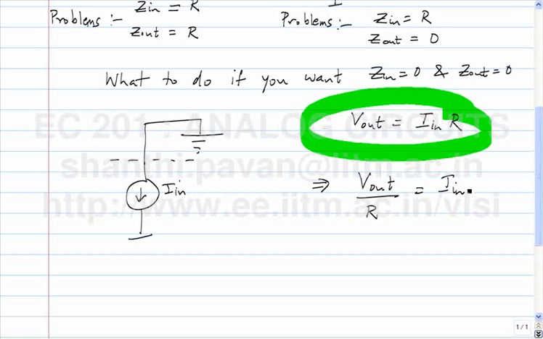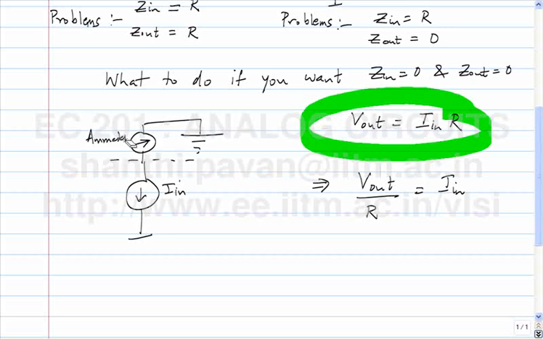Now you have a variable voltage source. It has a knob on it, you want to turn the knob to make that variable voltage source output equal to I n times R. So what I would do would be the following. I'll put an ammeter here.